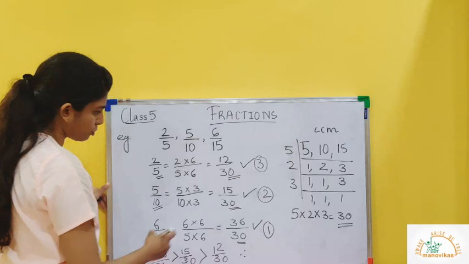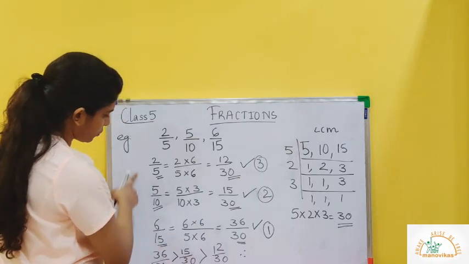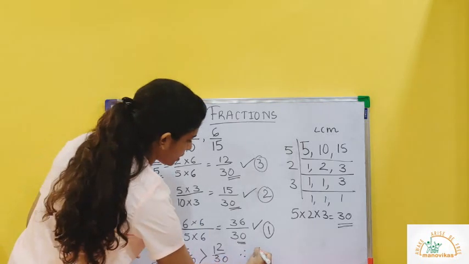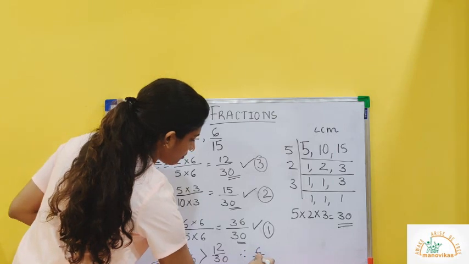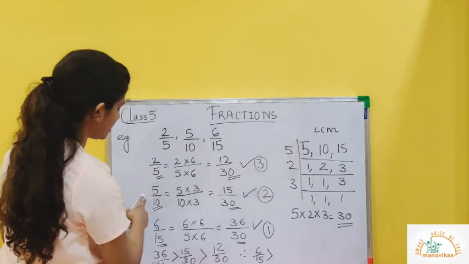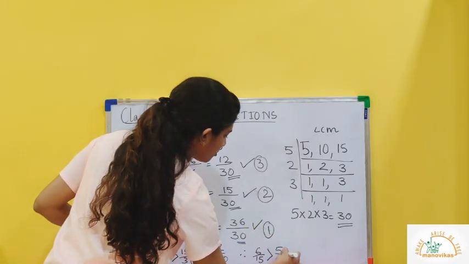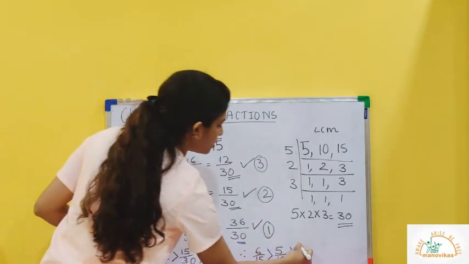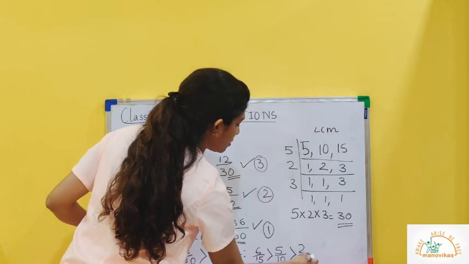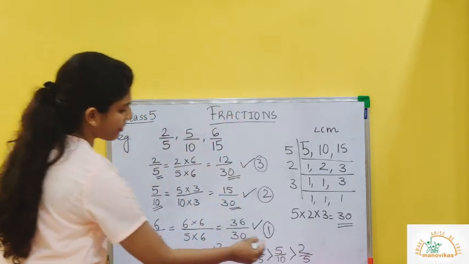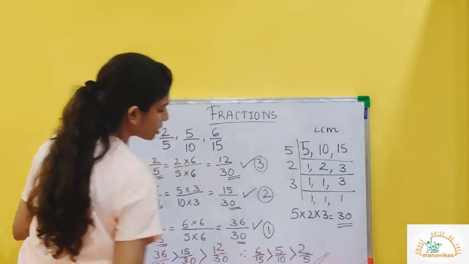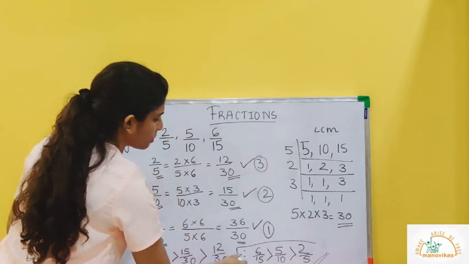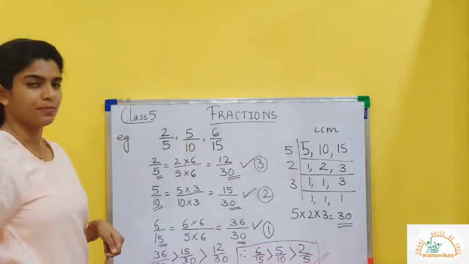Therefore, the final step should be the original numbers. So it is 6 upon 15 is greater than 5 upon 10 greater than 2 upon 5. This should be my final answer with the original numbers.